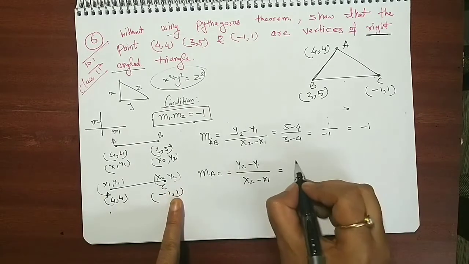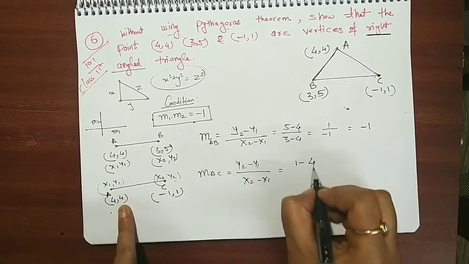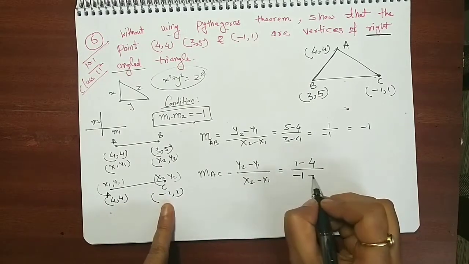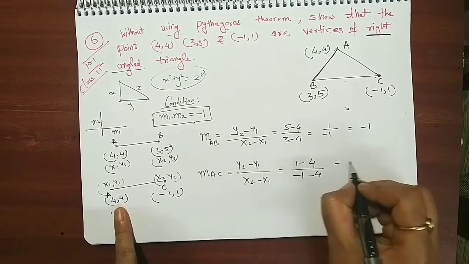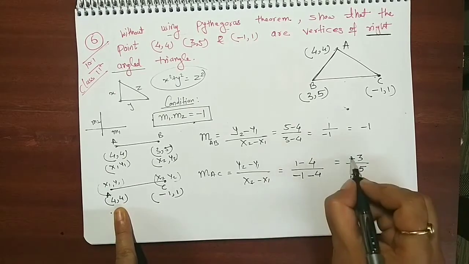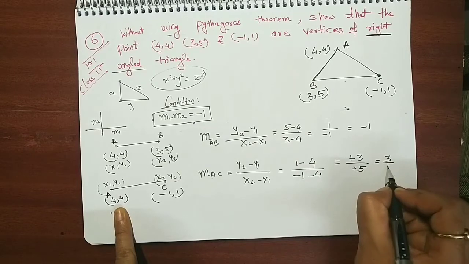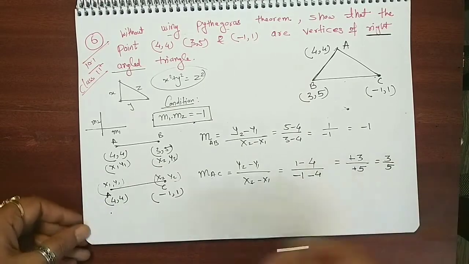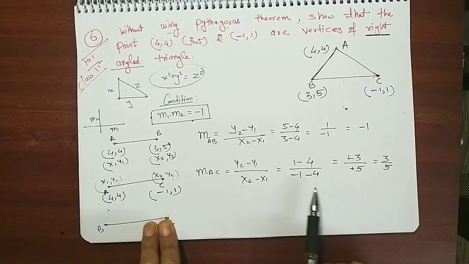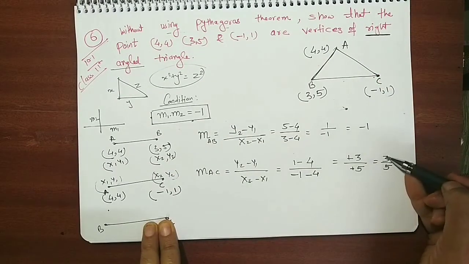So y2 is how much? 1. y1 is 4. x2 is minus 1 and x1 is 4. So I am getting minus 3 by minus 5. Correct? Minus minus plus. It is 3 by 5. Okay guys. So I am getting here 3 by 5.